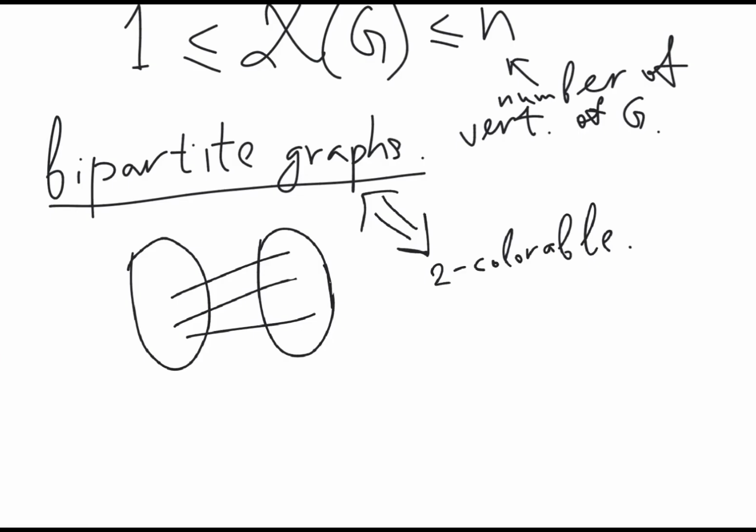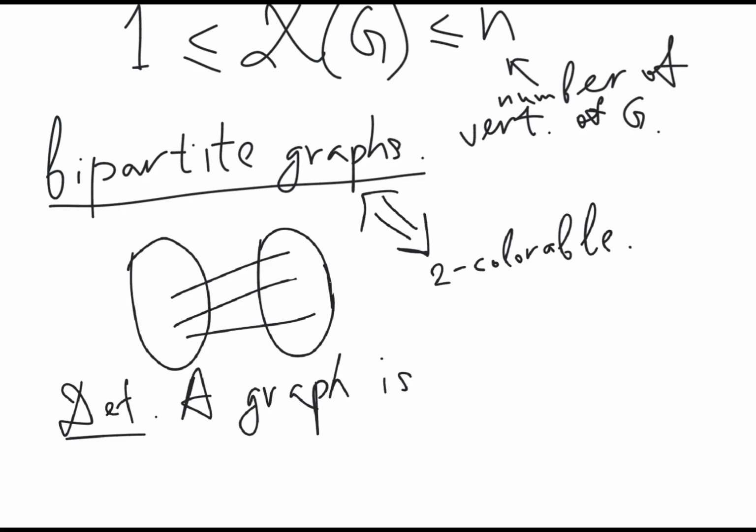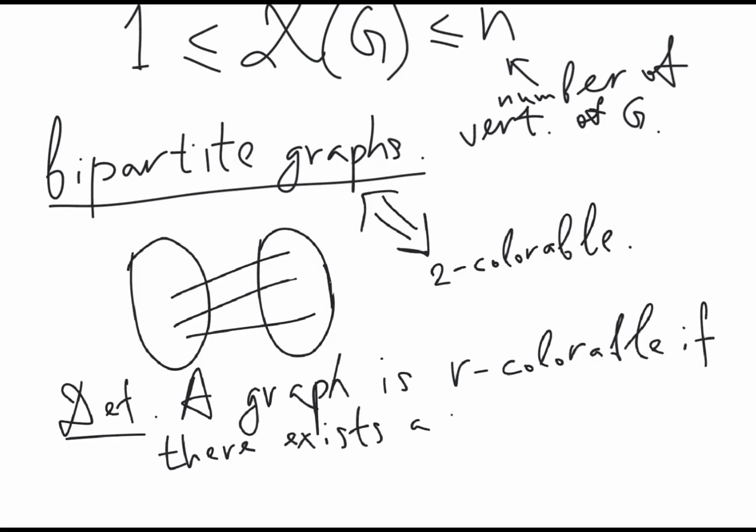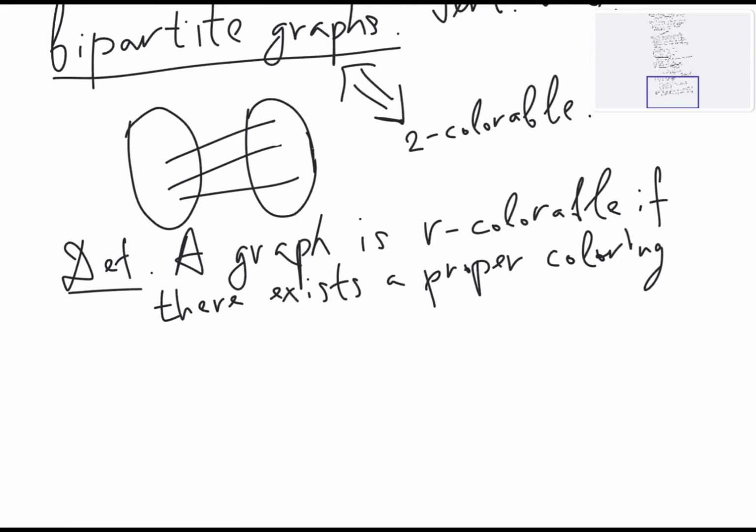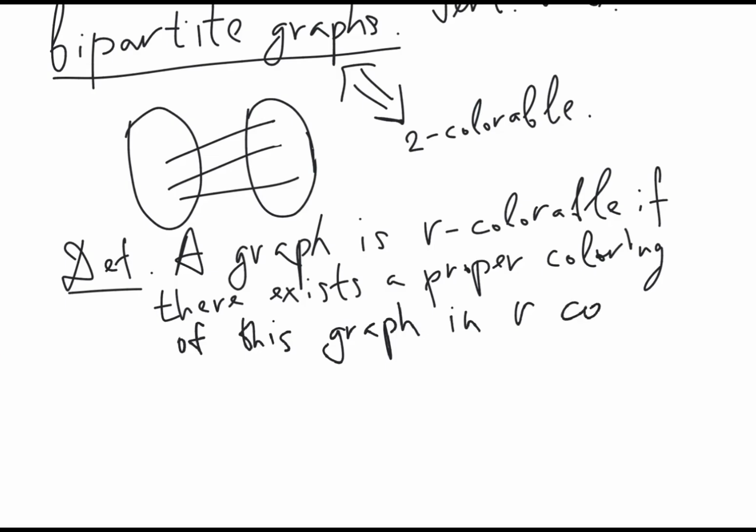It's kind of obvious, but it's useful to put it as a definition: a graph is r-colorable if there exists a proper coloring of this graph in r colors.